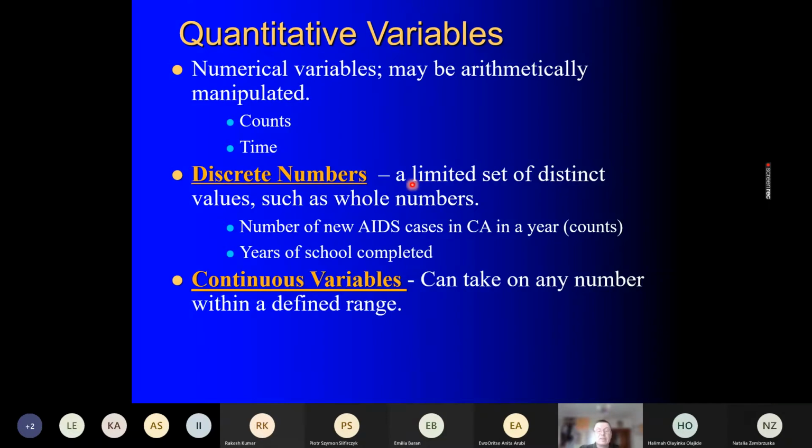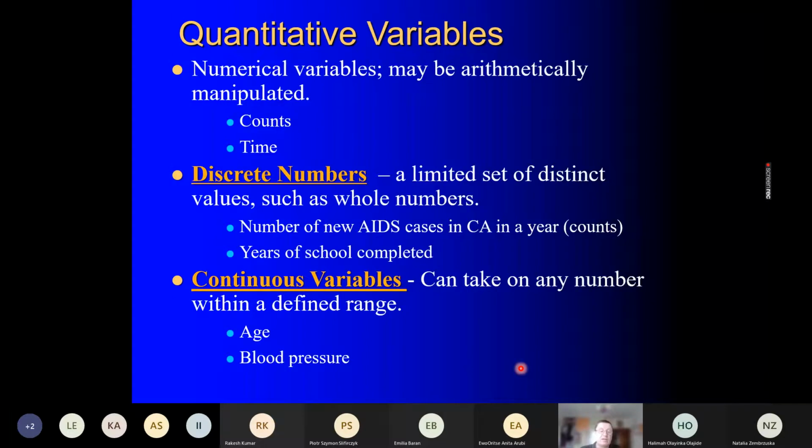It's any kind of time assessment, and so on. So in this case, we have discrete variables or continuous variables. And here is, if you want to be clearly scientifically correct, exactly what the difference is between discrete and continuous variables.